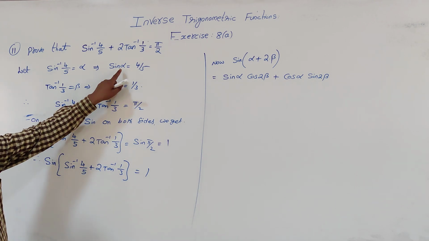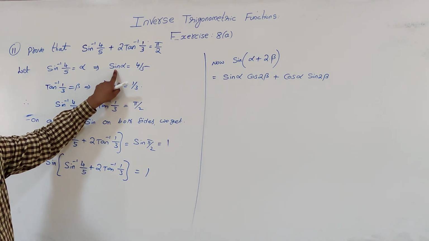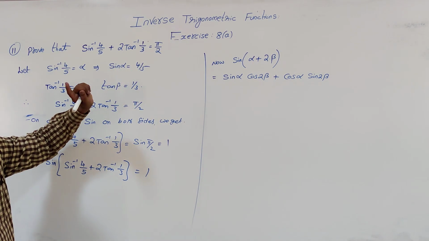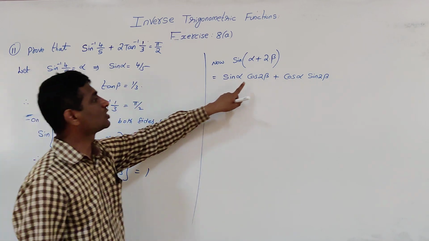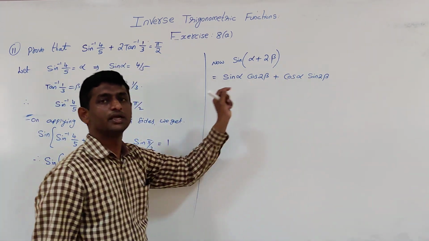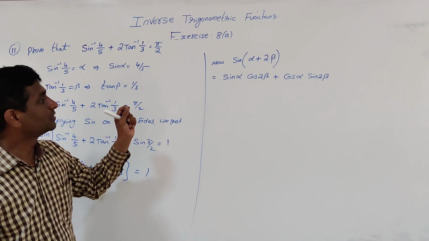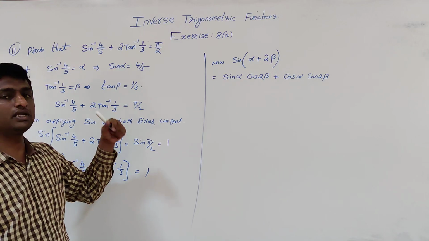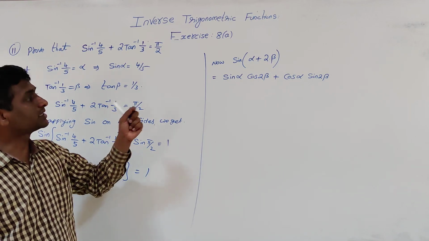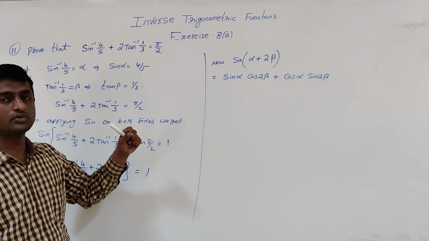If sin alpha is 4/5, what will be cos alpha? It will be 3/5. Now we have to find out cos 2 beta and sin 2 beta if tan beta is 1/3. But we know cos 2 beta in terms of tan beta and sin 2 beta in terms of tan beta.